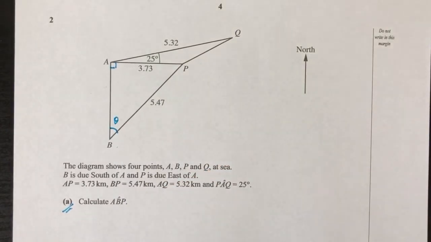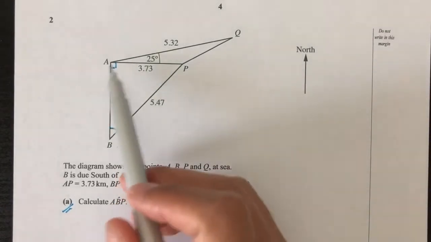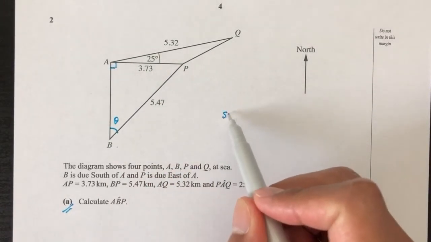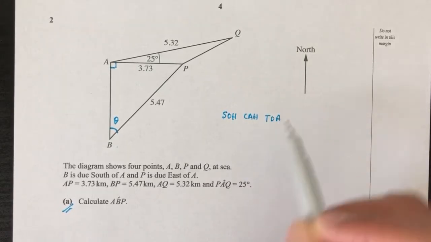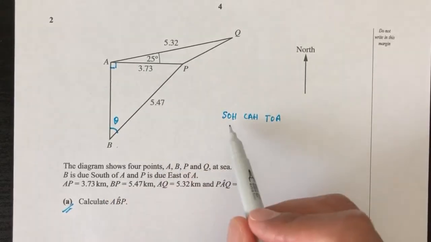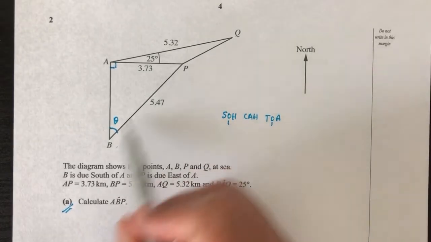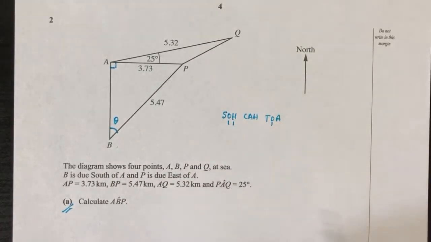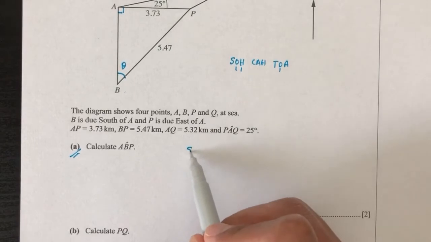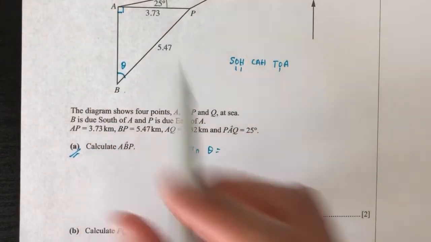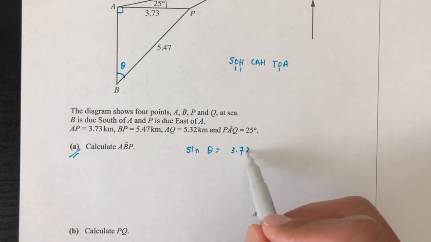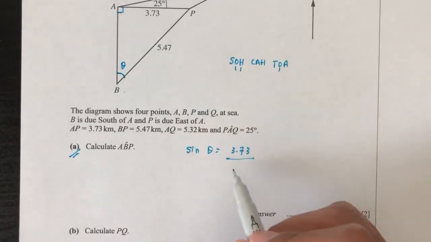So how do you find this? Since it is a right angle triangle, we have to use SOHCAHTOA. So we have the opposite side, and we have the hypotenuse. So we have to use sine. So we say sine theta, which is this angle, equals the opposite side, which is 3.73, divided by the hypotenuse.